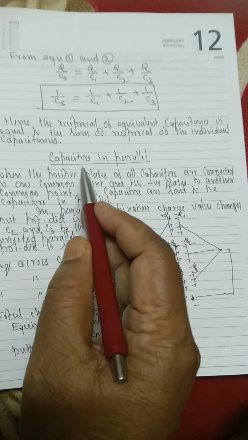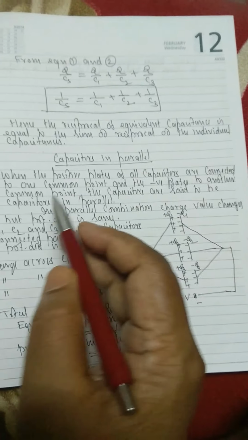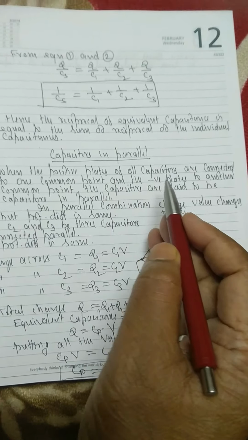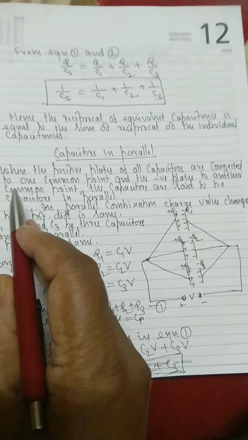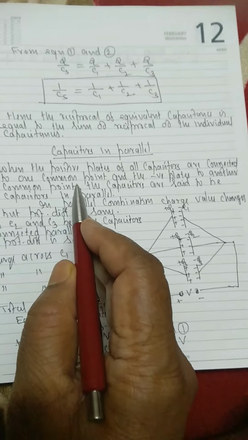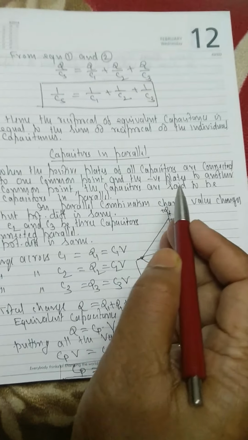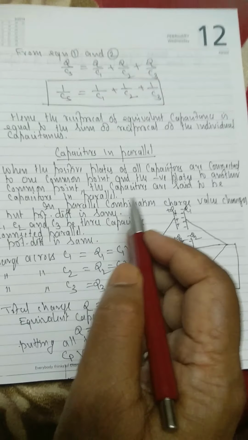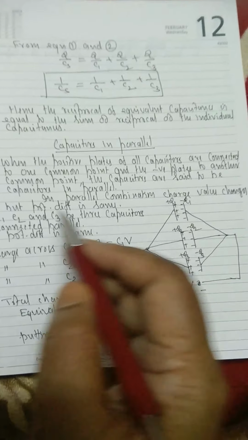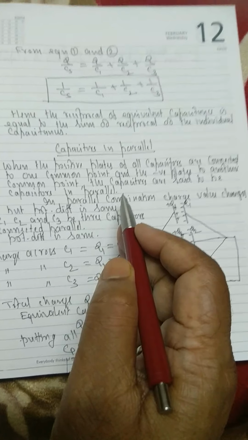Now, capacitors in parallel. When the positive plates of all the capacitors are connected to one common point and the negative plates to another common point, the capacitors are said to be in parallel.